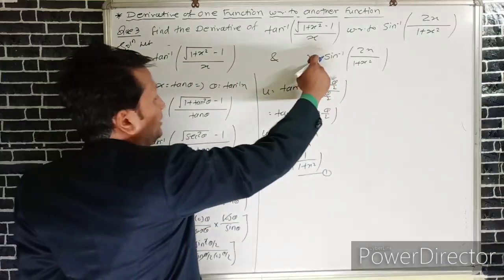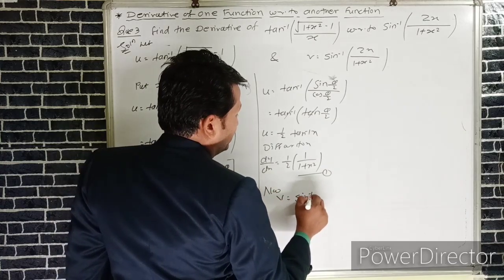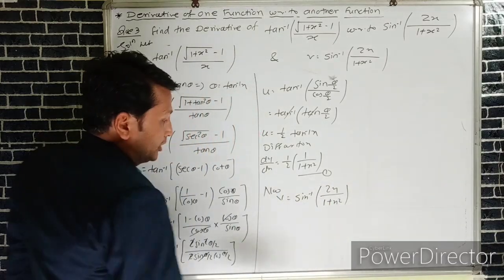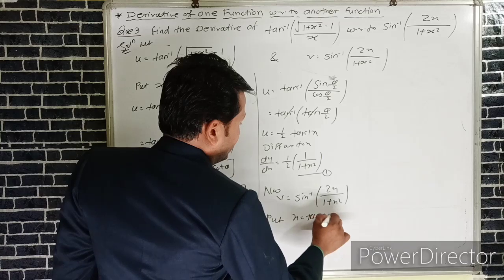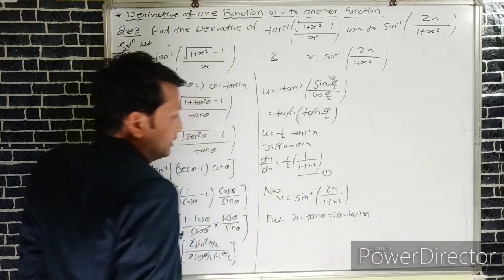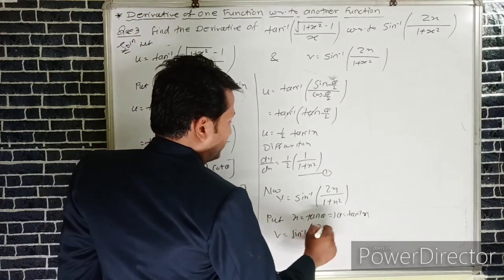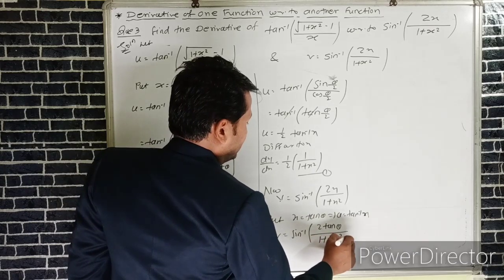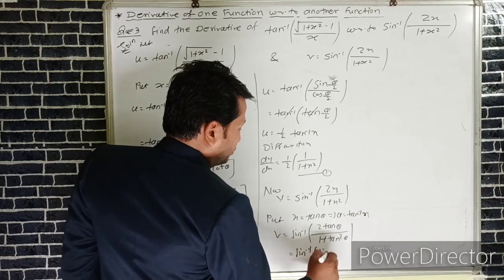Now again we take v. V is equal to sin inverse of 2x upon 1 plus x square. If we substitute here x is equal to tan theta, then theta is equal to tan inverse of x. Substituting this value, v is equal to sin inverse of 2 tan theta upon 1 plus tan square theta, which is the form of sin inverse of sin 2 theta.